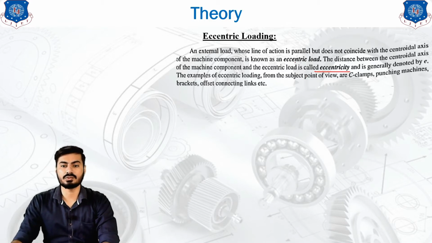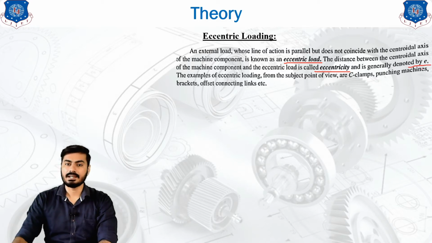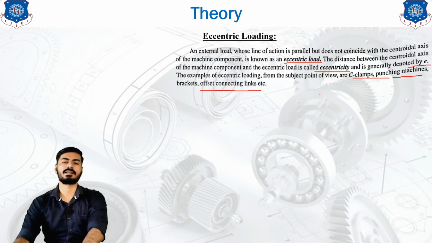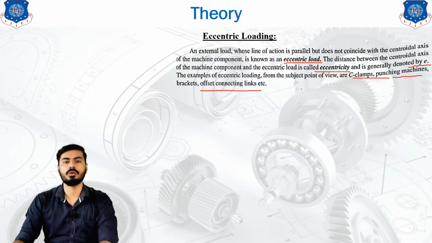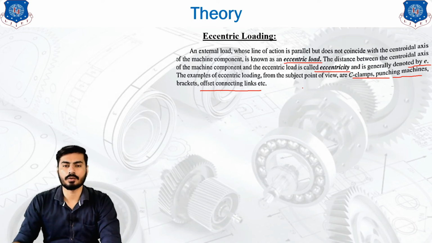So there are two definitions in this paragraph. The first one is the eccentric load and the second one is the eccentricity, and the notation of the eccentricity is E, and we can denote the load as a normal load or any force such as P or F. Examples of eccentric loading from the subject point of view are clamps, punching machines, brackets and offset connecting links, etc. These are the examples we are going to see in our numericals, where you will learn the application of this concept.